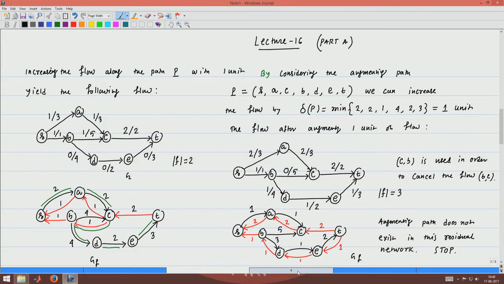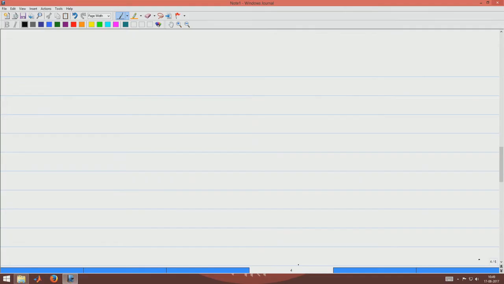And let me just write down the Ford-Fulkerson algorithm formally. This is also called the augmenting path algorithm.